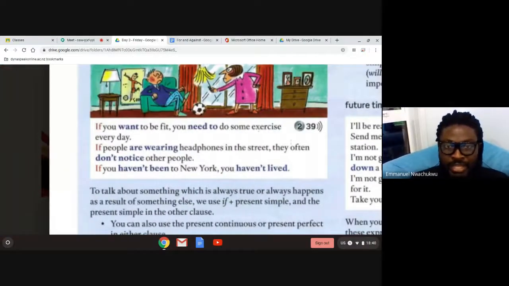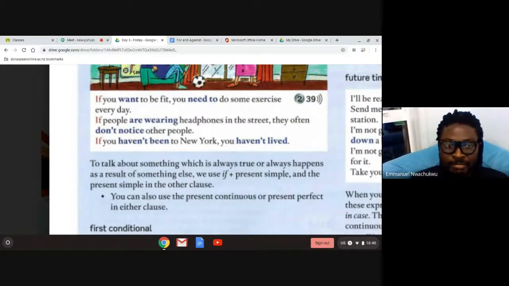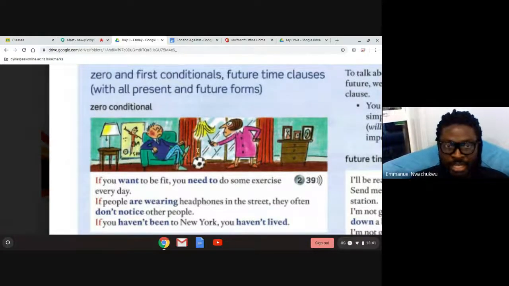The 3 examples in the first white box, beginning with, if you want to be fit, you need to do some exercise. These 3 sentences are explained below that white box. That's your zero conditional, which you see at the very top here.